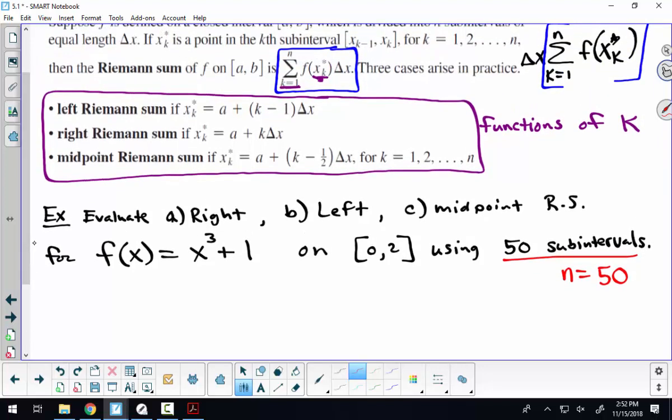How we define x star for the left, right, and midpoint Riemann sums eliminates the need to find all of the grid points. The reason we found the grid points is because we needed to know which x value to plug into the function. Notice in how this is written, it already tells us what x value to plug into that function, as an expression involving k.